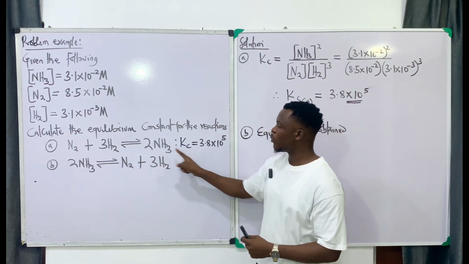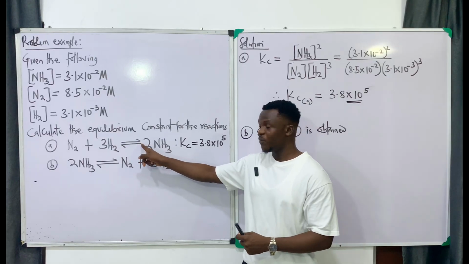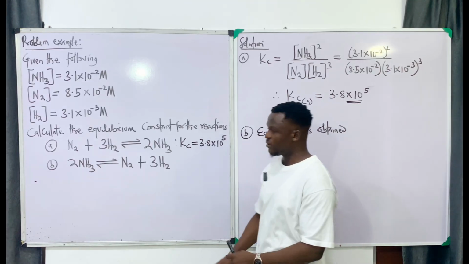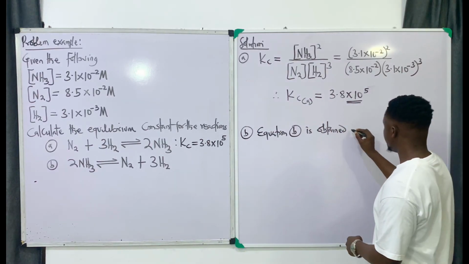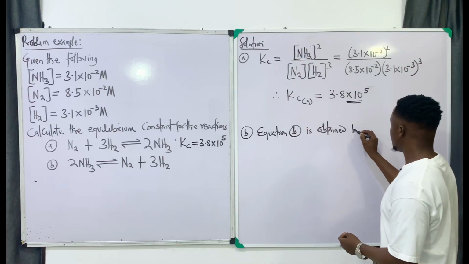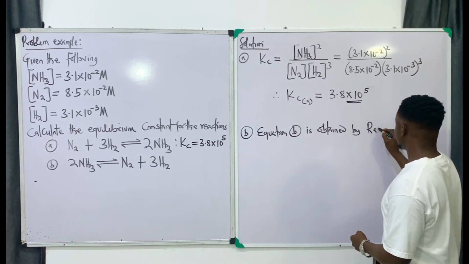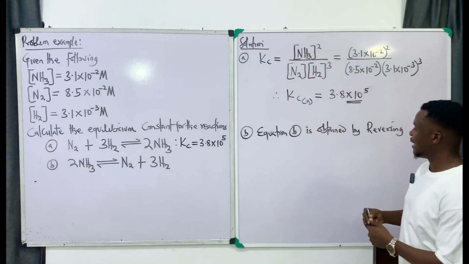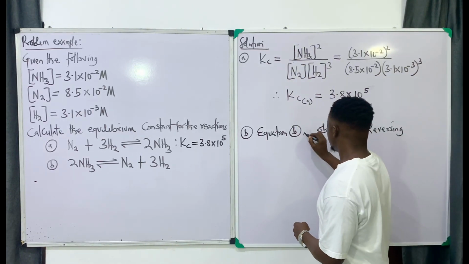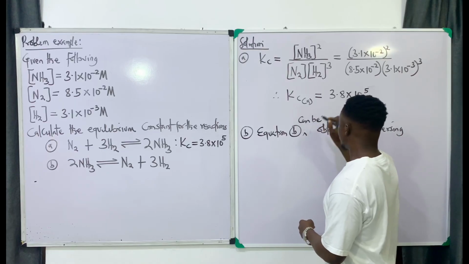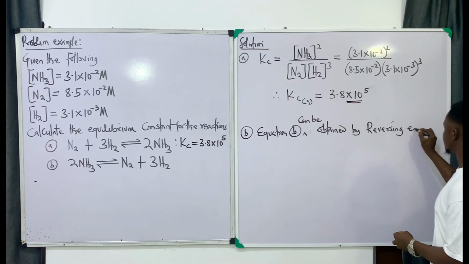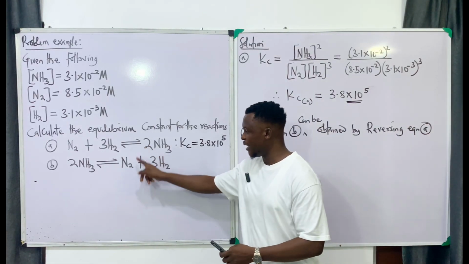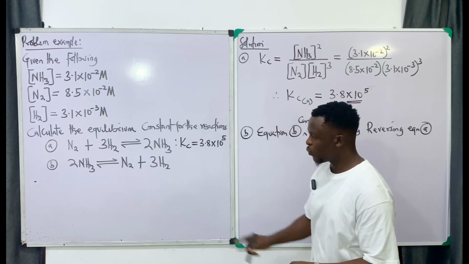Because we now know the equilibrium constant of the first one, so we want to use the first one to solve for that of the second. If you reverse equation A, you're going to have equation B.